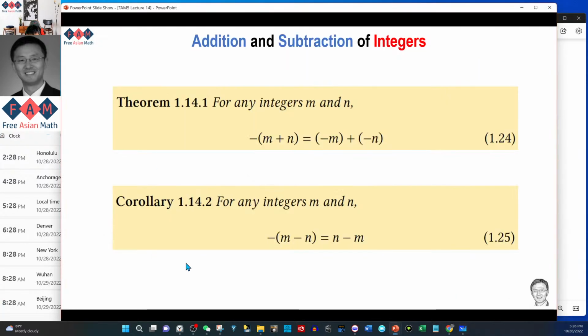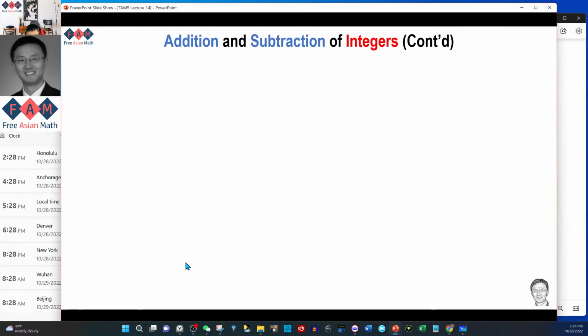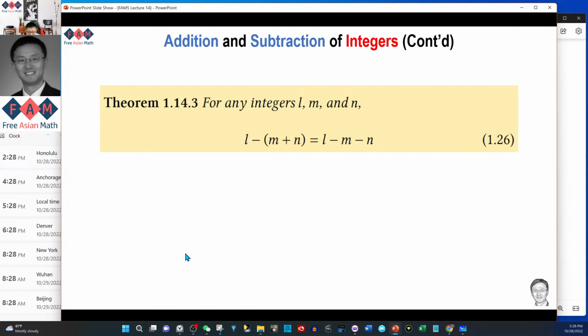So that's why we have the next theorem. If we have three integers, L, M, N, then L subtracting M plus N is the same thing as L minus M minus N.